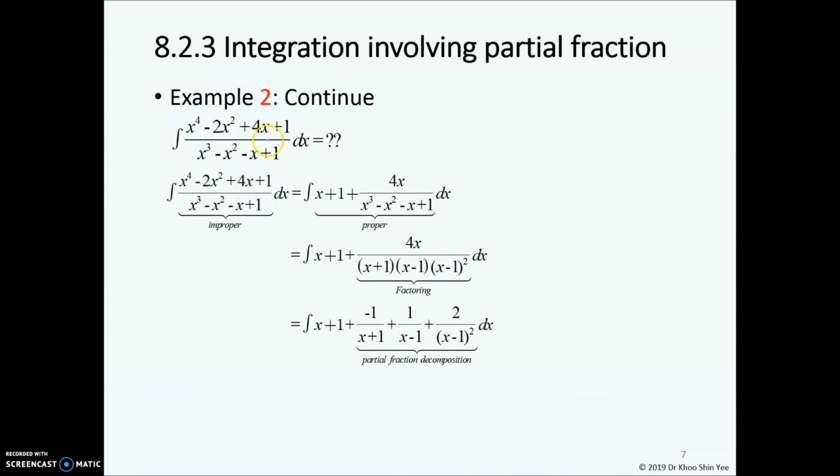We have a problem here where initially it's improper, and you should master the technique to convert it to a proper rational function. So for this term, you further use the factoring, and then you use the partial fraction to separate it out. In this form, we can use the basic integration rule to solve this.